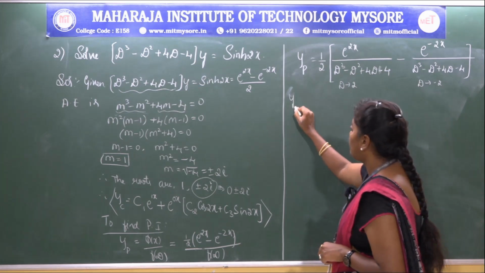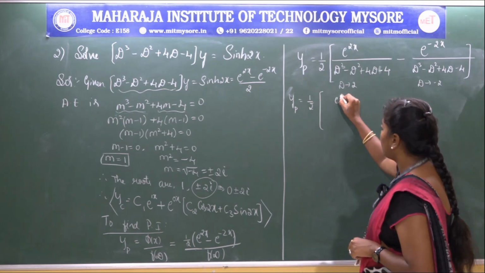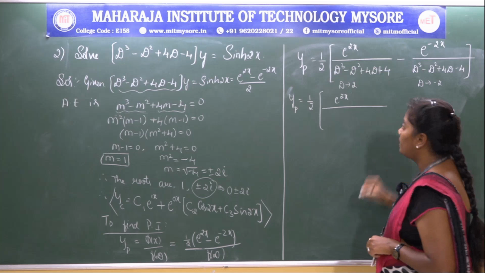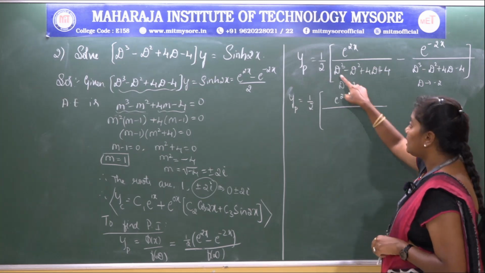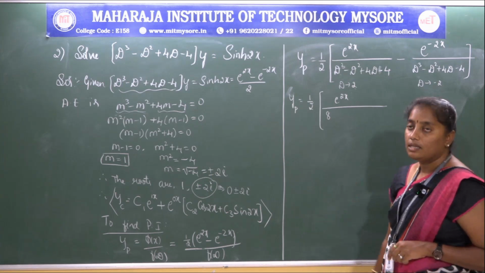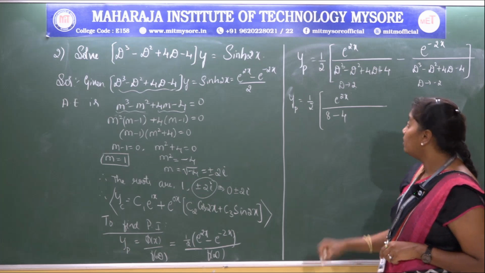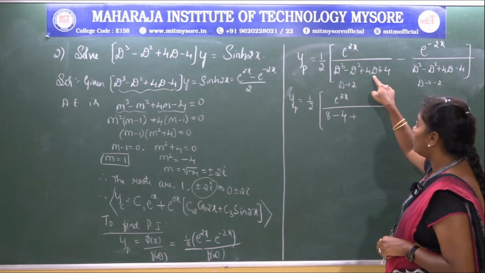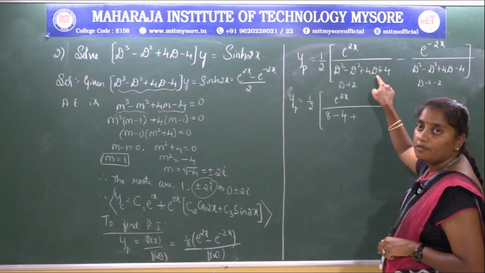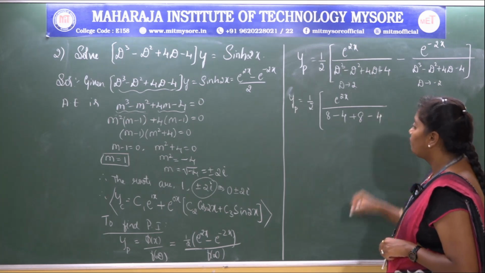Then yp is equal to 1 by 2 e power of 2x in the numerator, denominator. On substituting D is equal to 2, cube, that is 8, minus 2 square, that is 4, plus 4 into 2, 4 into 2 is 8, minus 4.